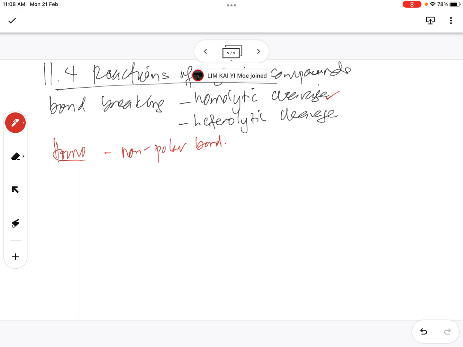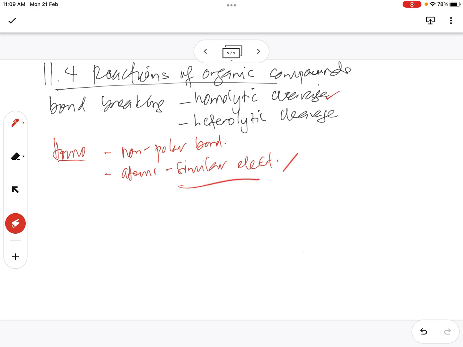And second one, the atoms where the bond breaks should have similar electronegativity. So number one, homolytic cleavage occurs in non-polar bond. Number two, it involves atoms of similar electronegativity. And it breaks symmetrically.